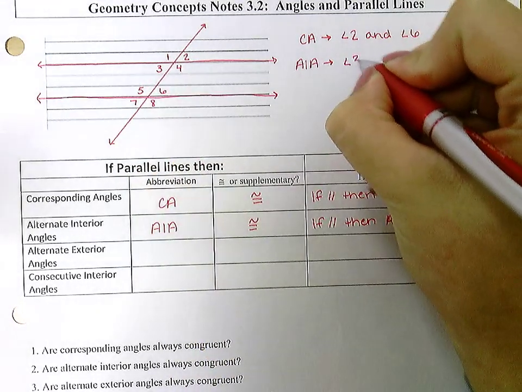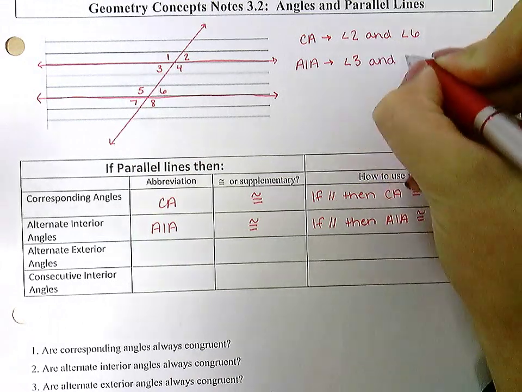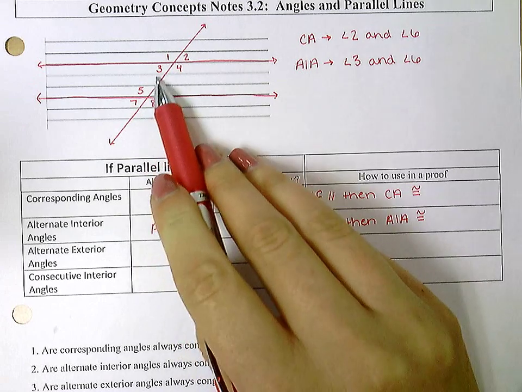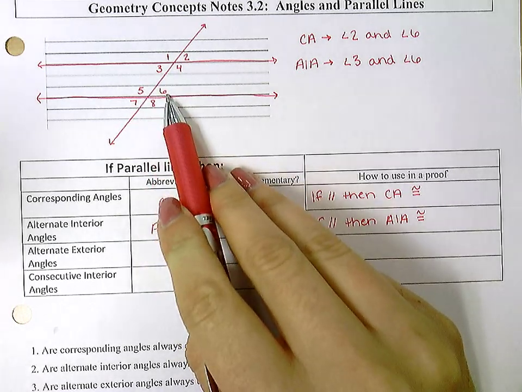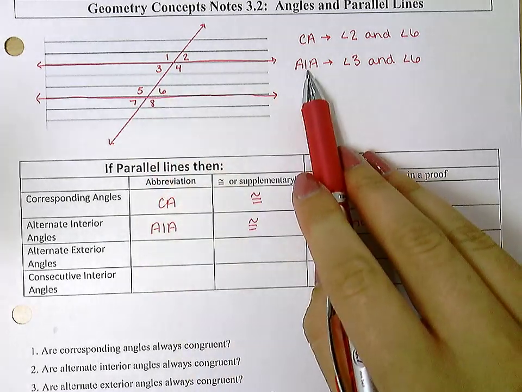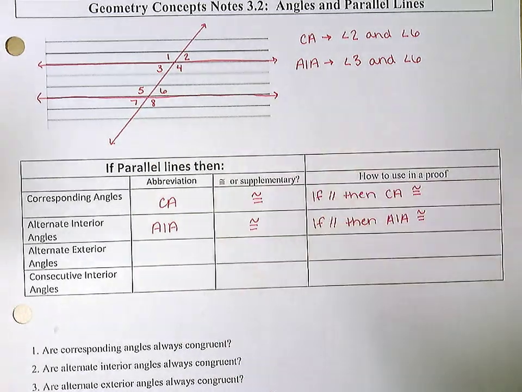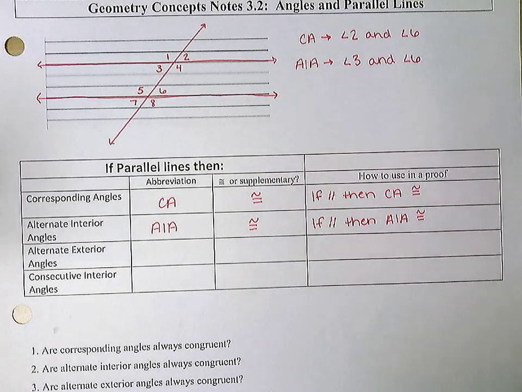My only interior angles here are 3, 4, 5, and 6. Since these are alternate interior, those are the only angles I can use. There is one other pair of alternate interior angles. Can you tell me what they are? 4 and 5. Good.